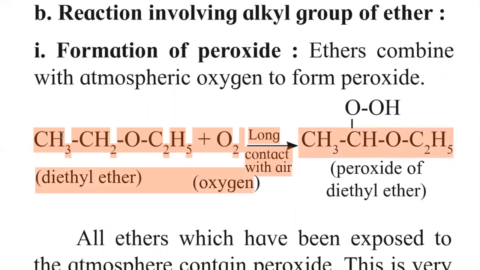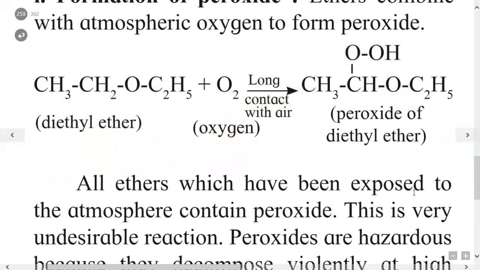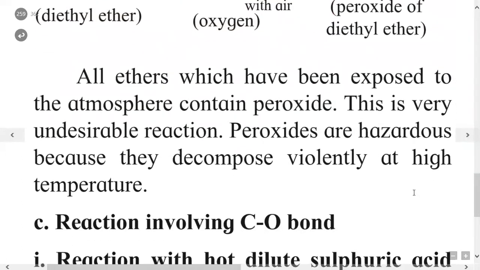When it reacts with atmospheric oxygen, that is, on long contact with air, the peroxide of diethyl ether is formed, having the formula CH3CH(O-OH), and this CH is bonded to the OC2H5 group. So this is the peroxide of diethyl ether.